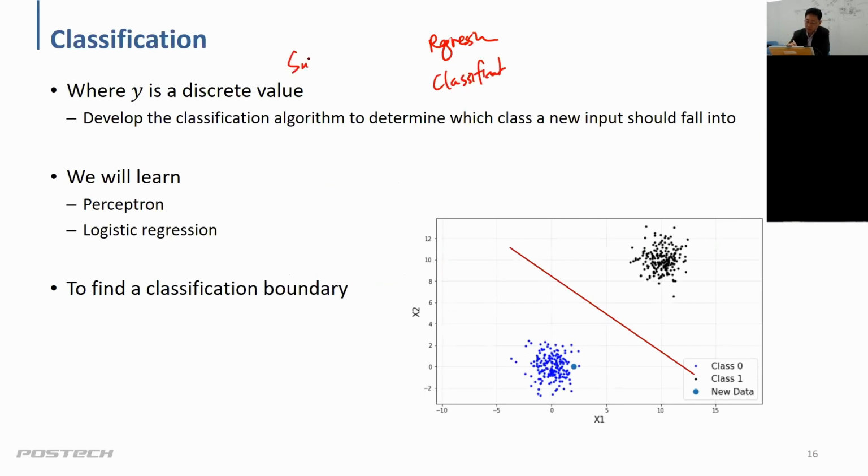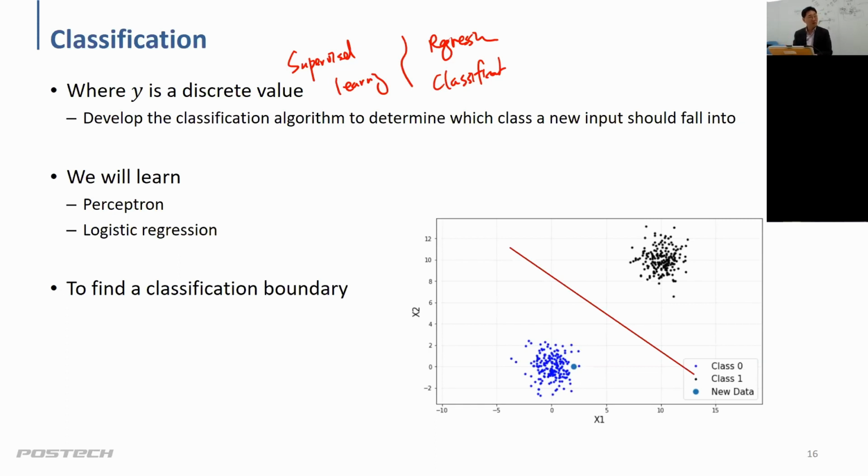Both of them are supervised learning. That means for the training data set, we get the input and output, right? Since we know the inputs and the corresponding outputs, or labels, we call this supervised learning.